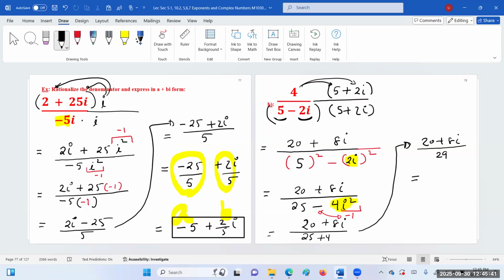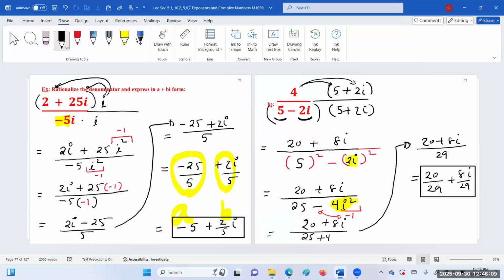So what do we write as the final answer? Separate. 20 over 29. And then 8i over 29. That's all we have to do for dividing imaginary numbers. We don't know how to divide, so we use 2 methods to rationalize instead.